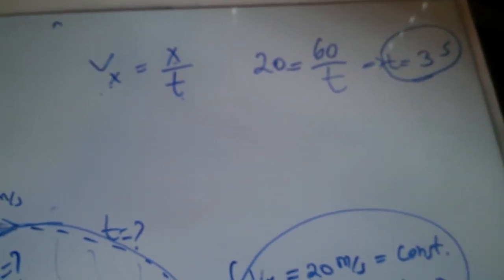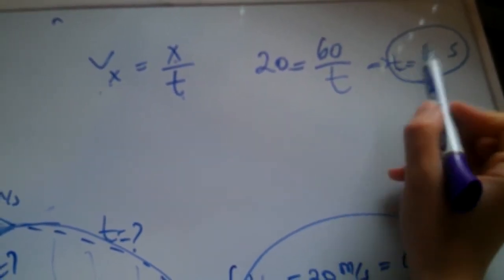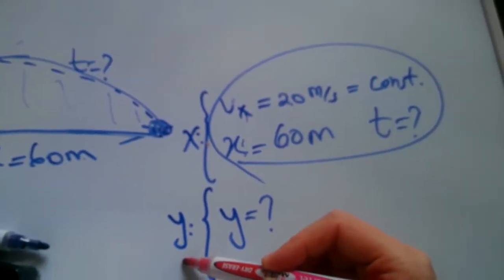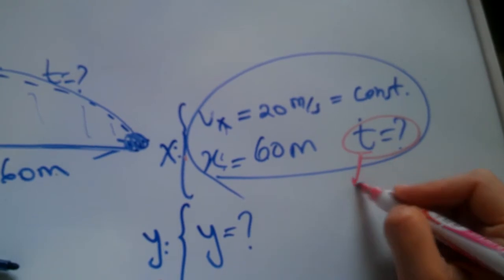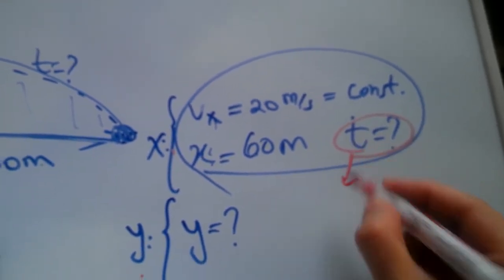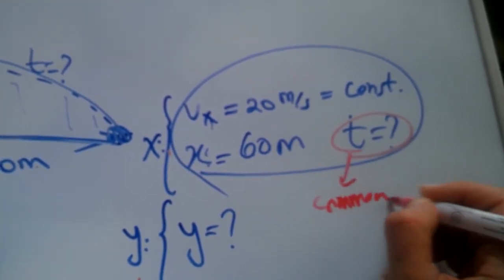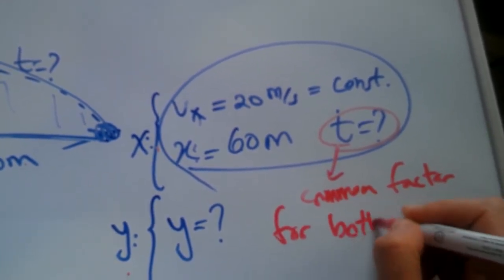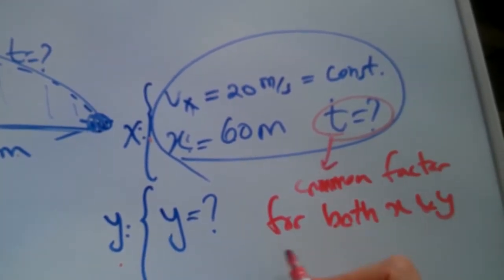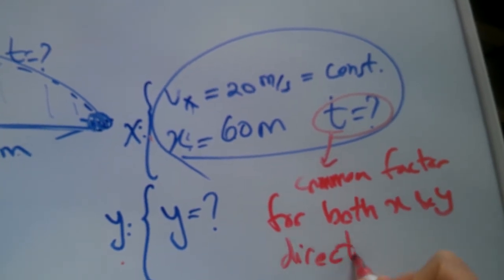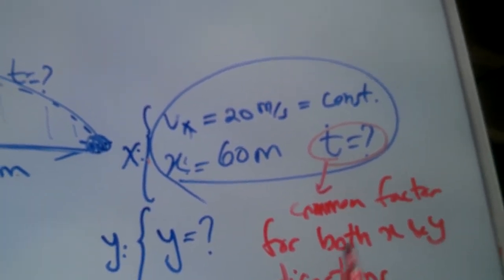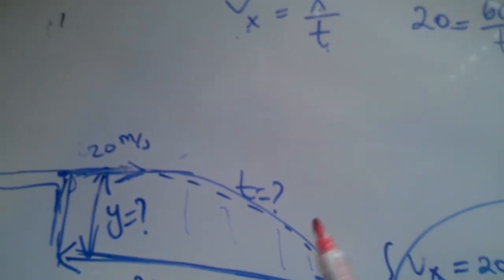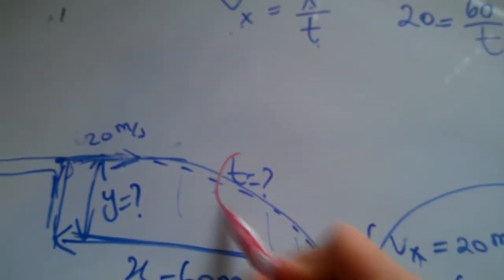I want everyone to understand that this time is a common factor for both X and Y directions. Why? T is the common factor for both X and Y directions because it's just one ball with one time.